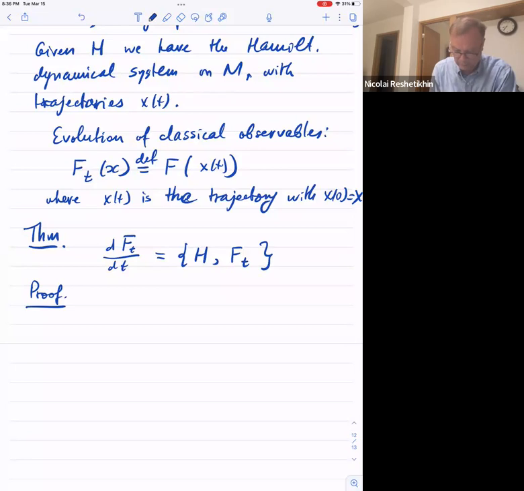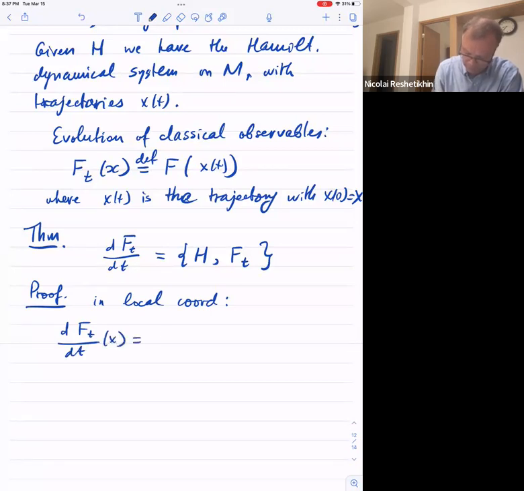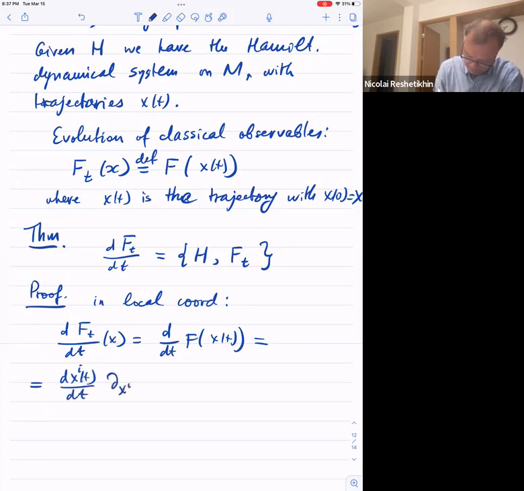Proof. Let's prove it in local coordinates. df_t/dt(x), by definition, is d/dt f(x(t)). We use the chain rule, my favorite trick: sum of dx^i/dt times df/dx^i at x(t).